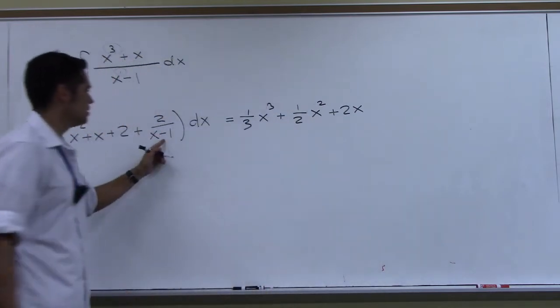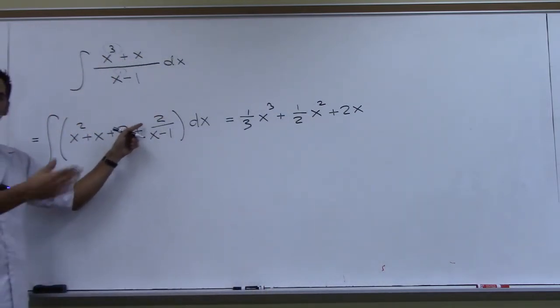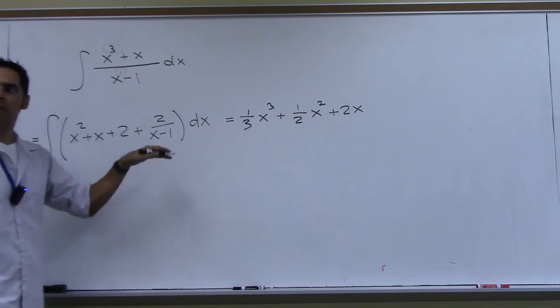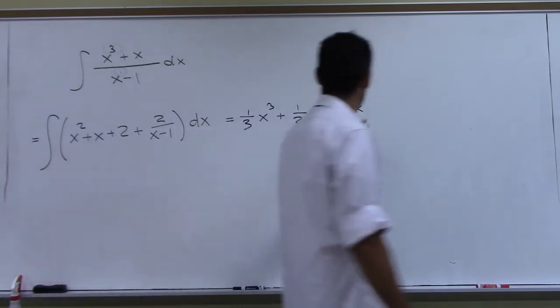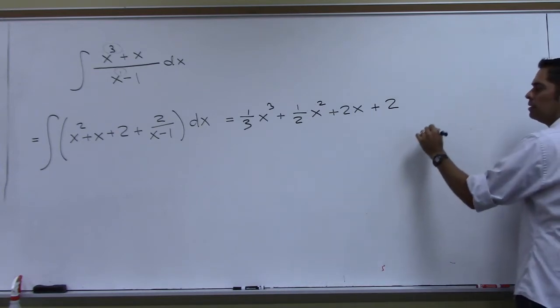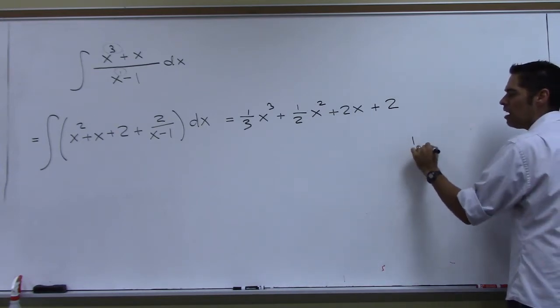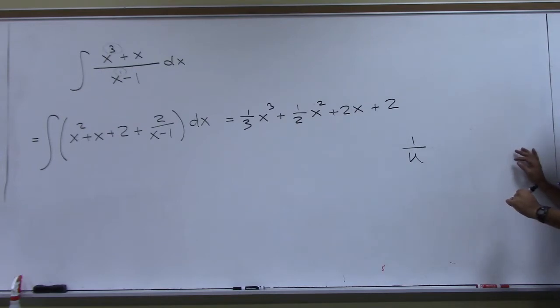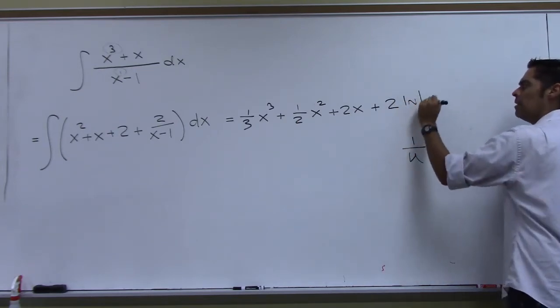What about this? The 2, bring it out front. 1 over x minus 1. What's the antiderivative of 1 over x minus 1? It looks a lot like 1 over u, doesn't it? What's the antiderivative of 1 over u? ln. So ln of x minus 1.